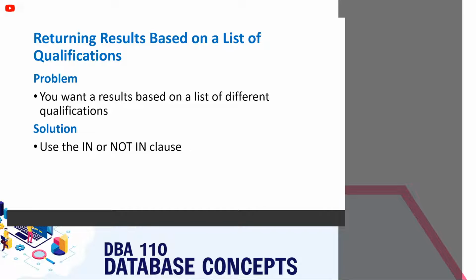That's when I have a list of qualifications. Basically I have a set of data points when I'm thinking about using in or not in. I have a set of data points, and I can say, well, I'm looking for all the records with a specific data point that is in this set of data points.